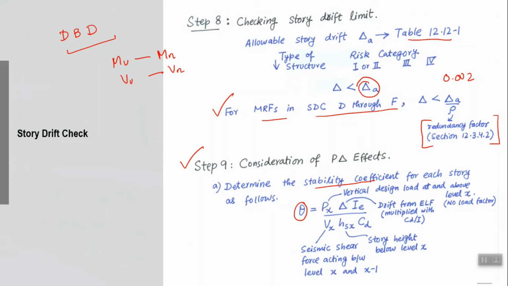So you calculate this ratio or this theta factor for each story. Vx is the story shear profile. It will come from the story shear against the lateral force. So if you have, for example, a 3-story building, you will calculate 3 forces as a result of this ELF procedure. So you can simply plot the story shear profile like this, right?